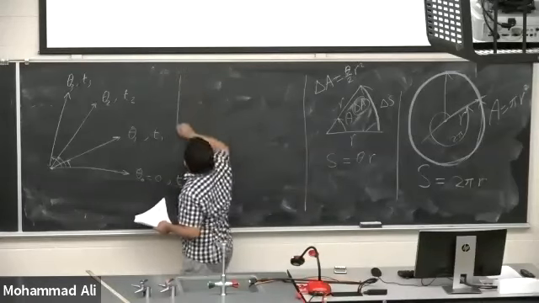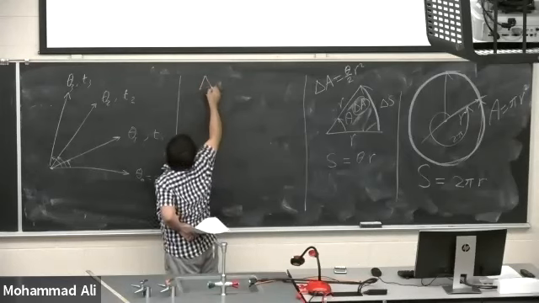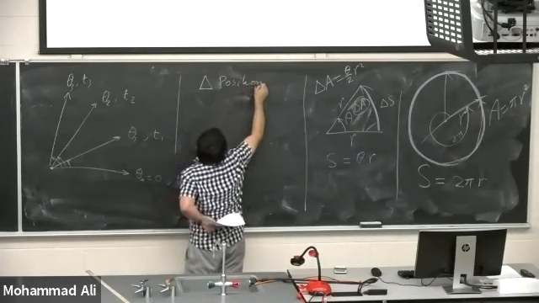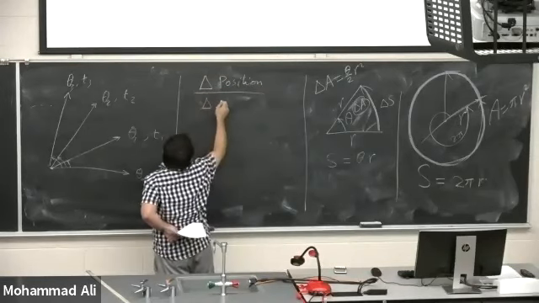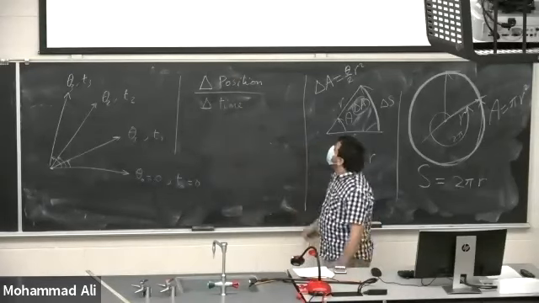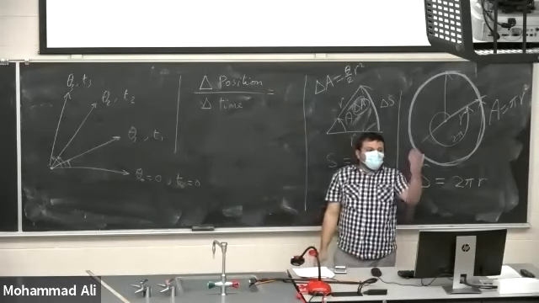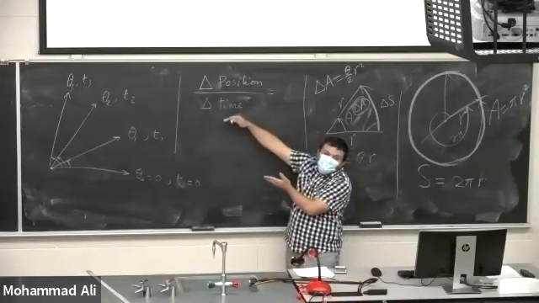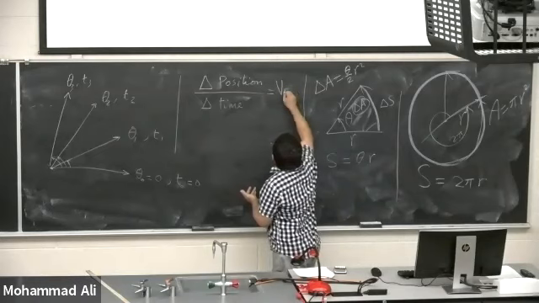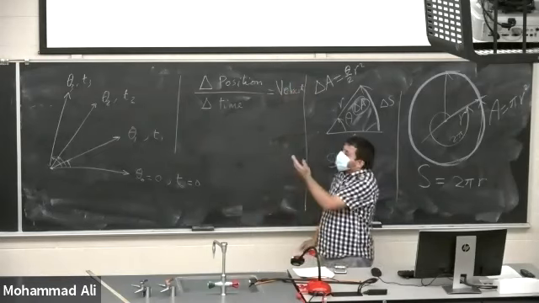Okay. What if we have the change in position with respect to the change in time, which is the rate of change in position? What did we name this from before? Remember delta x over delta t. What is that? The velocity. Now that was before.